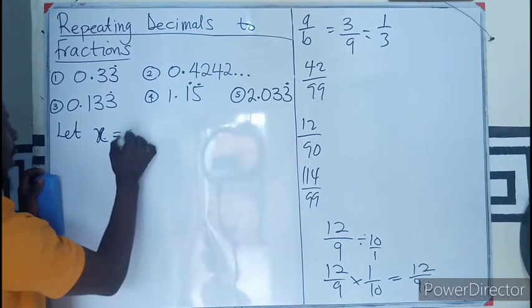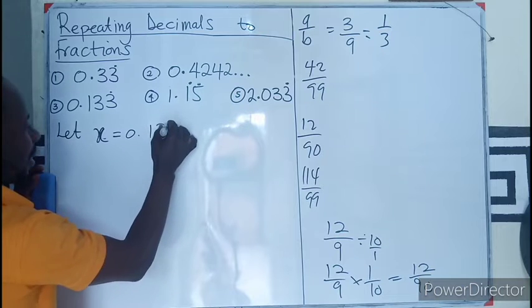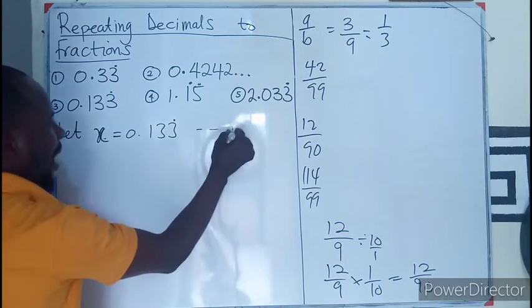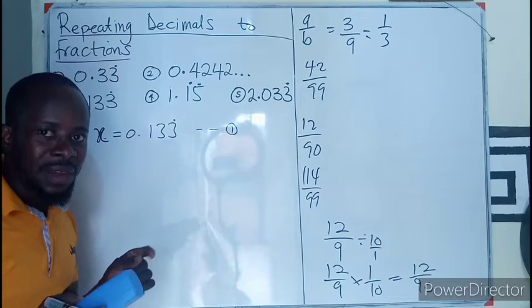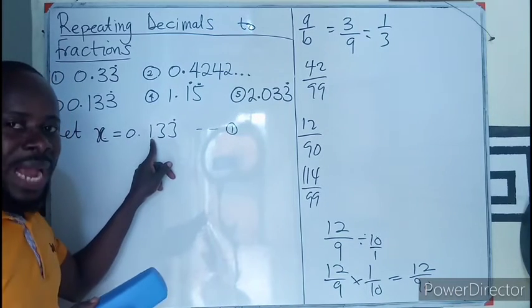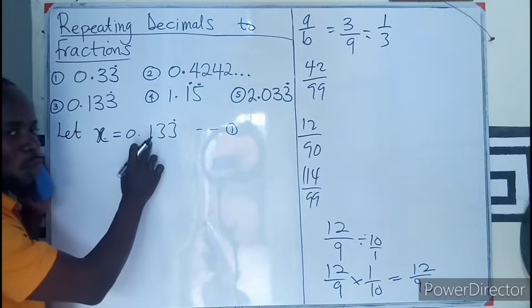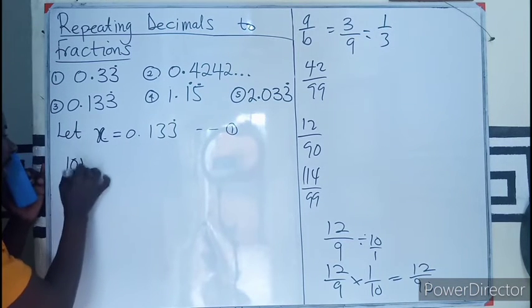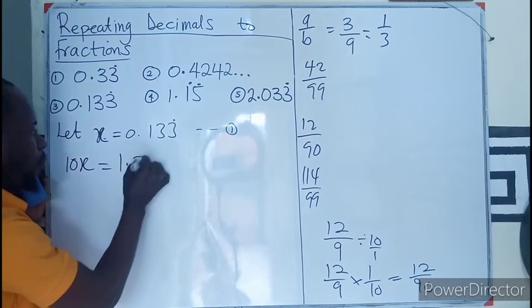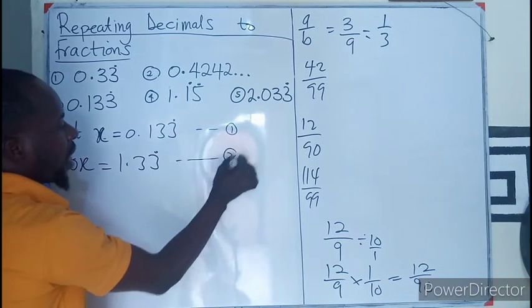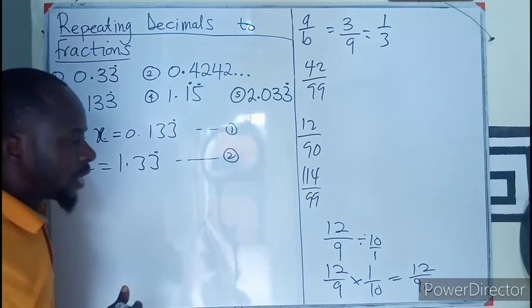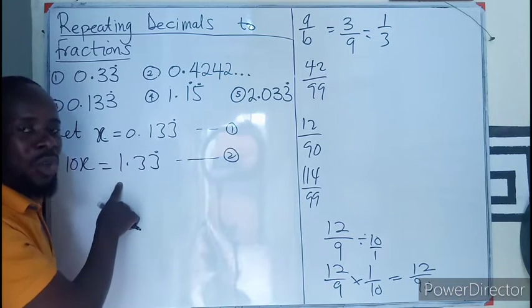We are going to have 0.133 recurring as our first equation. Bear in mind that the 1 is not recurring, so we move it first on its own by using a power of 10. So I have 10x equals 1.33 recurring, equation 2. Do I have my recurring number as part of the whole number?